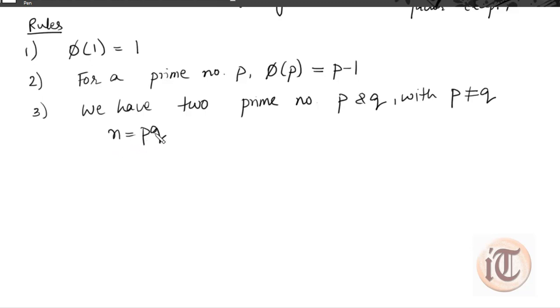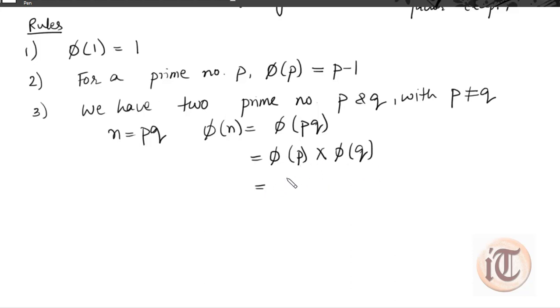So this is the multiplication of these two numbers p and q. Then phi of n is equal to phi of pq, or phi of p into phi of q. And if p and q are prime numbers, then from rule 2 we can directly write it as p minus 1 into q minus 1. So these are the three rules we use for calculating the Euler-Totient function.